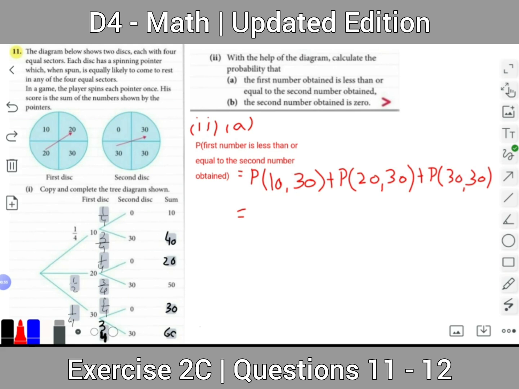Now we can find the probabilities of the following ordered pairs from the tree diagram.